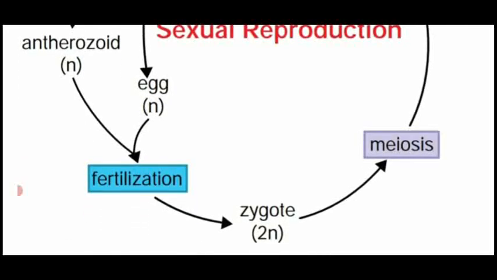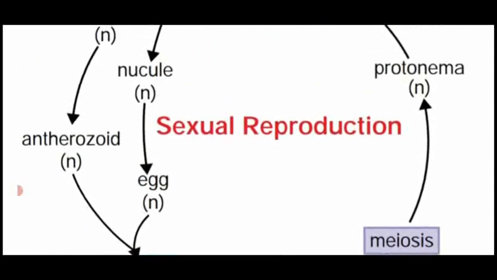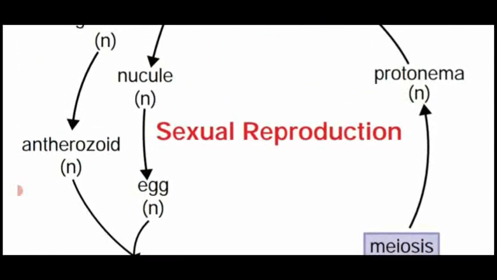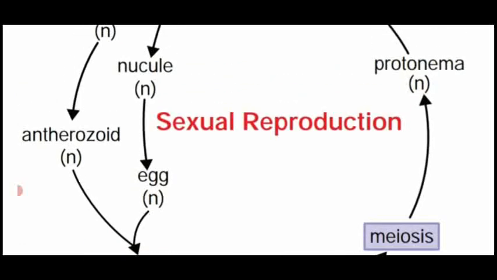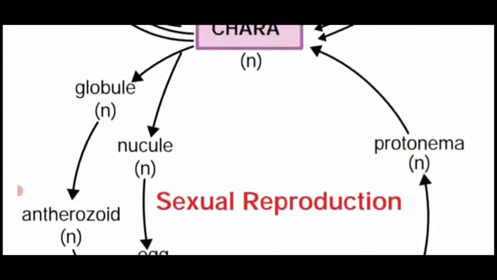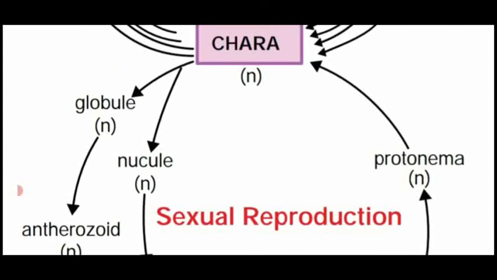Both of them fuse together. Fertilization occurs. They produce a diploid zygote. The zygote takes some resting period as oospore. After that it undergoes meiotic cell division. They produce 4 haploid cells. 3 disintegrate. Only one is functional, which produces the protonema, which is haploid.